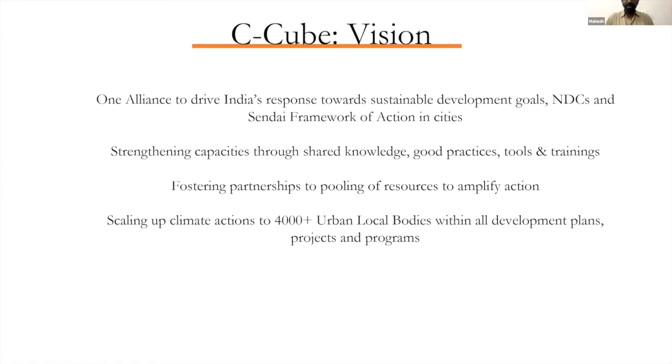With that in mind, the Climate Center for Cities, also known as C-Cube, was instituted by the National Institute of Urban Affairs with support from the Ministry of Housing and Urban Affairs, which I represent.